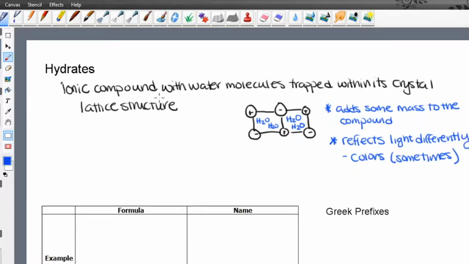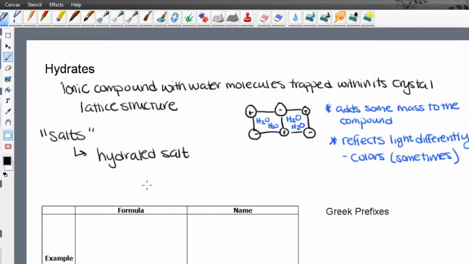Okay, because the water molecules add some mass to this compound, these hydrates will have slightly different names and formulas from their ionic counterparts. Remember how we call ionic compounds salts? When it is a hydrate version of that salt, we call it a hydrated salt.